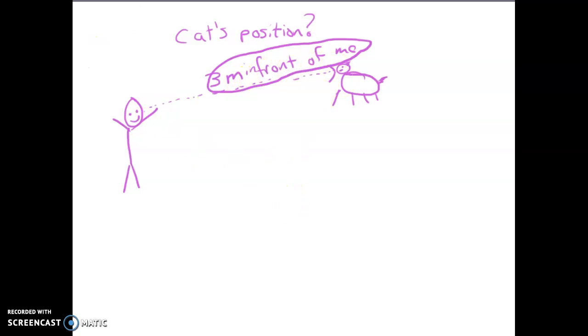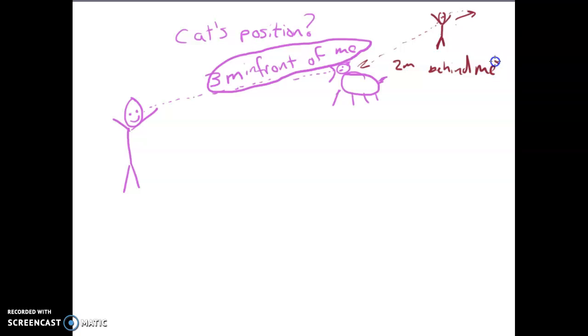If I was standing over here, and I was maybe facing this way, I might disagree with you, because I'm facing this way, but the cat to me is 2 meters behind me.